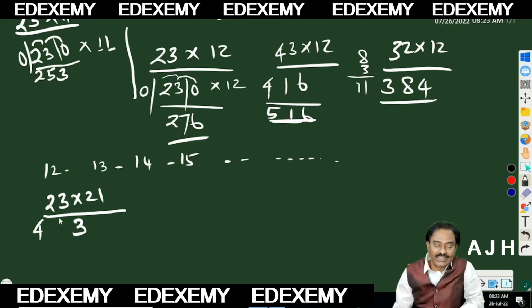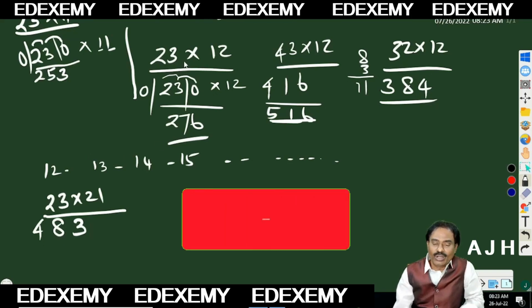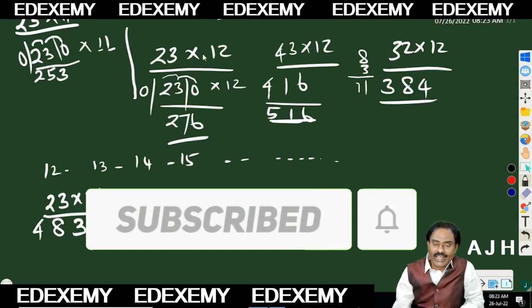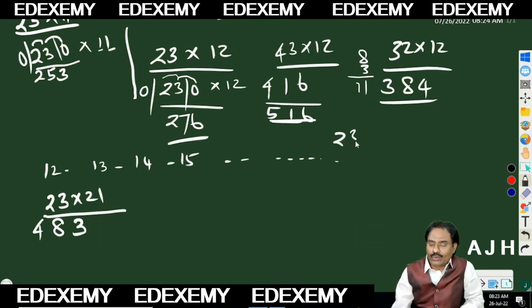Now you multiply 2 with 3 and add to 2 in the reverse direction. In the previous sum we multiplied the tenth digit first and then the unit digit. The left to right we have calculated.